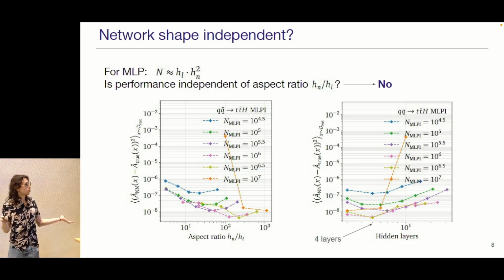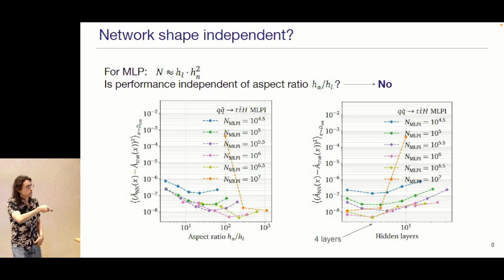Okay, so then how do we do the scaling? Because if it was independent of the aspect ratio, you could just increase the number of parameters as you wish without taking care as to how you do it. But here we are doing the same plot, but using the number of hidden layers as the x-axis.